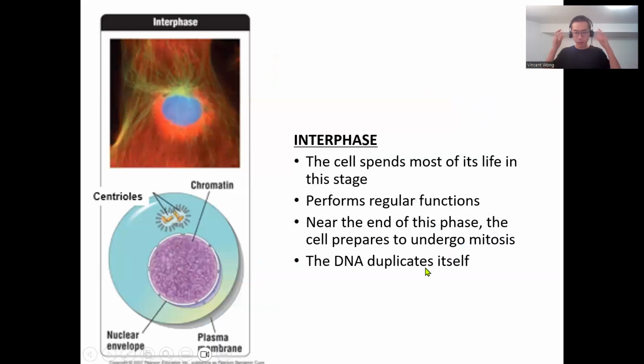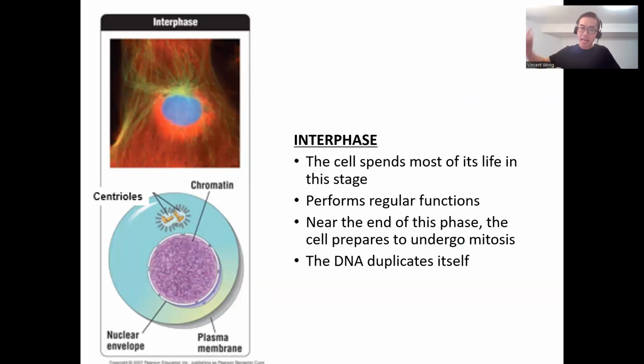So let's take a closer look at interphase and what's really going on in there. Like I said, the cell spends most of its life in this stage, roughly 90%, performing its normal function. But towards the end of this phase, the cell prepares to undergo mitosis, right? The actual division.